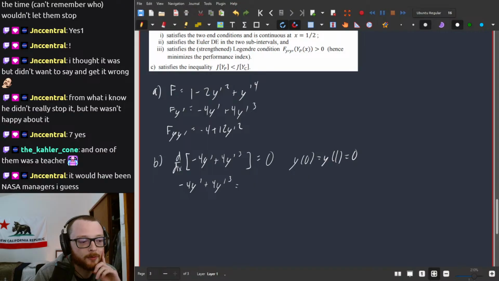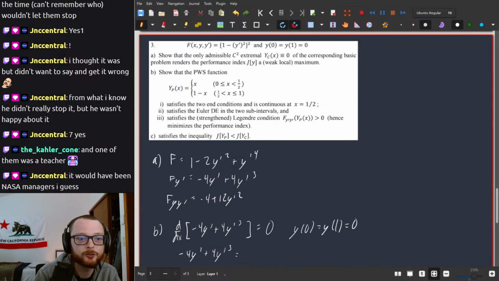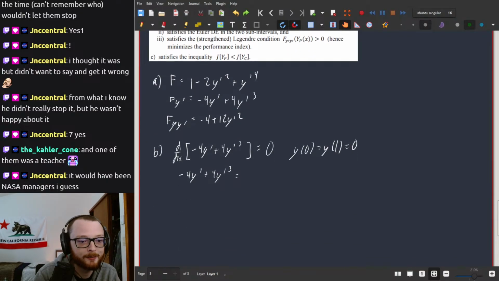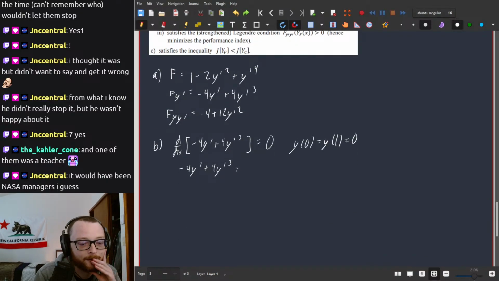Professor said something about, if this function only involves y prime, you always get a linear answer. And I guess we're going to get a linear function on the right side here, but I don't know why that means y is going to be linear.